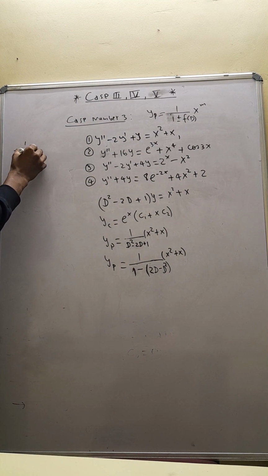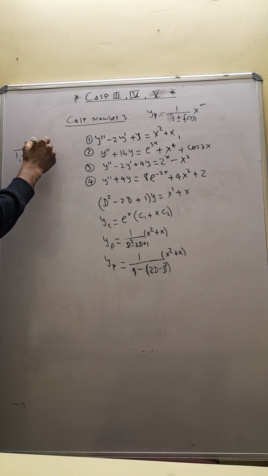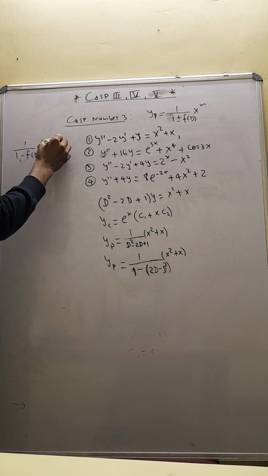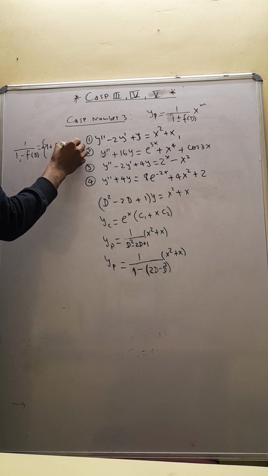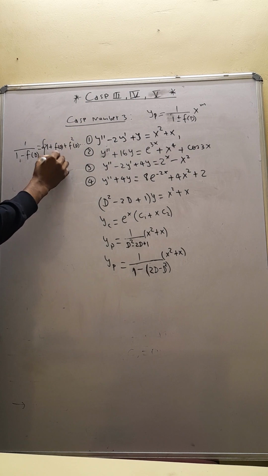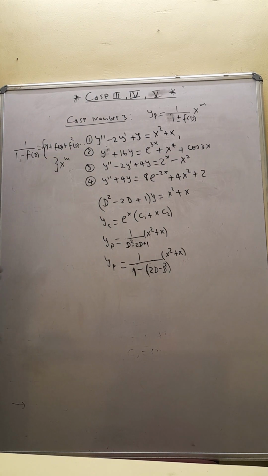minus f of D, this will be 1 plus f of D plus f of D squared, and so on, times x raised to m.